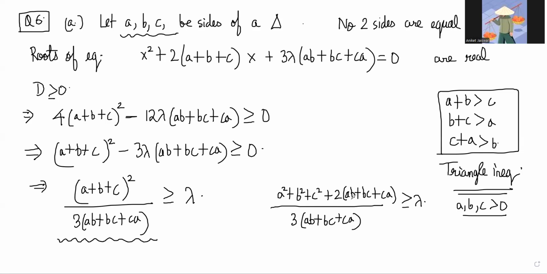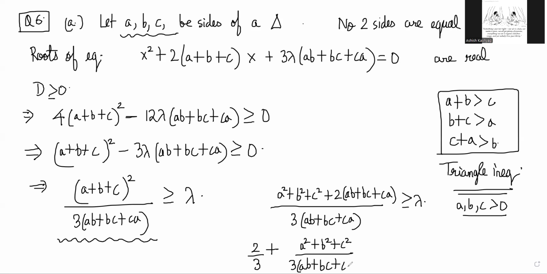Yes sir. तो डिवाइड करोगे तो 2/3 तो आ रहा है डायरेक्टली. 2/3 plus this quantity, correct? Yes sir. So lambda is less than 2/3 plus something.